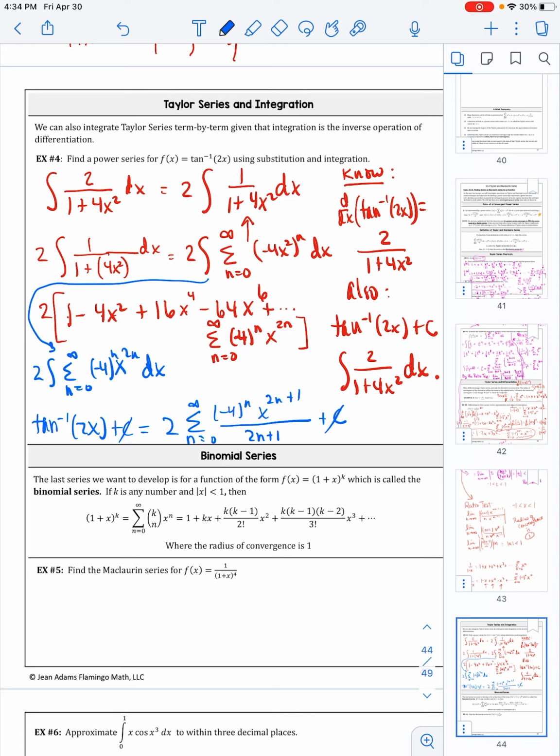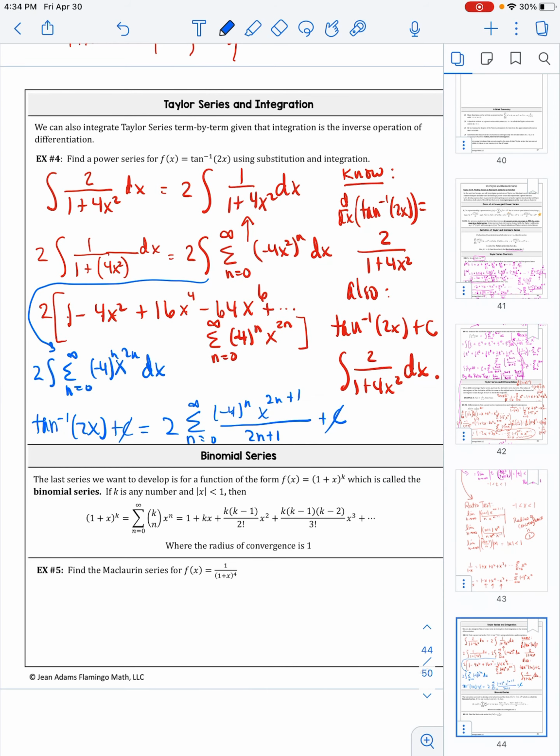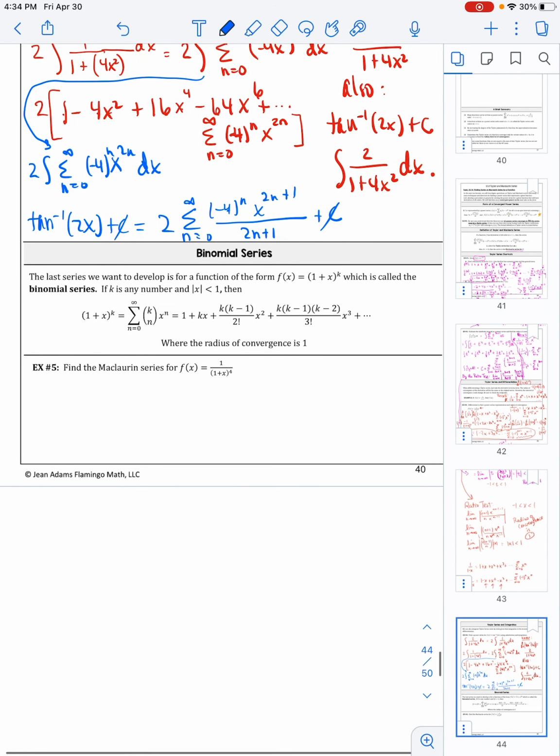And then that will give us our equivalency for inverse tangent of 2x. The summation, I want to put this 2 on the inside. And when I do that, I'm going to put it in with this 4 right here.